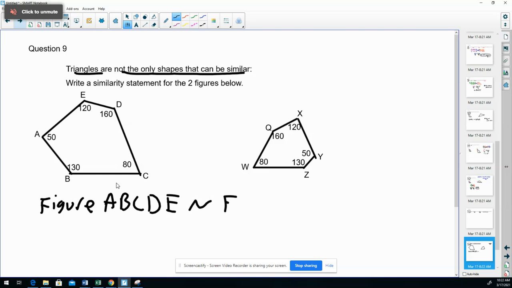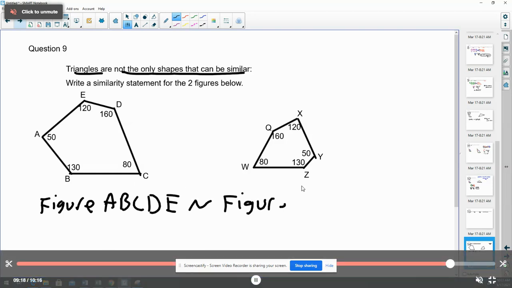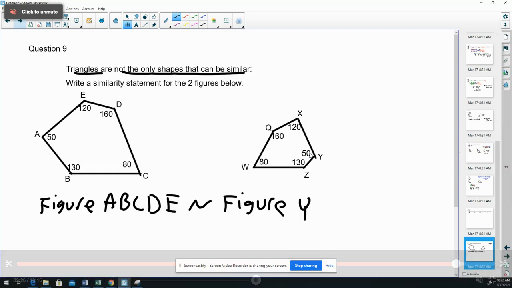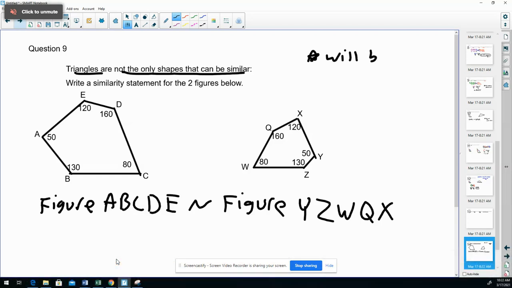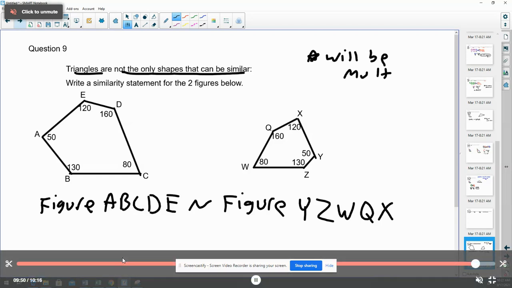And that is similar to figure... okay, now A is 50, that matches up with Y. B is 130, that matches up with Z. C is 80, that matches up with W. D is 160, that matches up with Q. And then finally X. And again, that will be multiple choice.